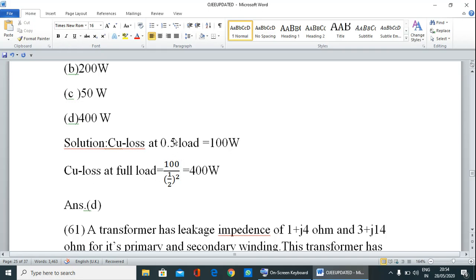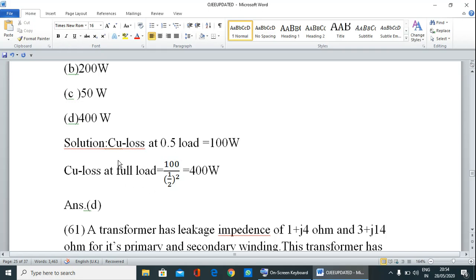So already I told you in lecture 2 how to find out copper loss for half load, 1/4 load, then 3 by 4 load. So here, given copper loss at 0.5 load, we have to calculate copper loss at full load.